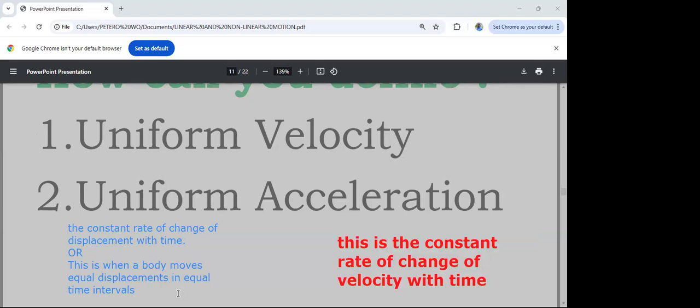So we have two definitions. We have the uniform velocity and we have the uniform acceleration. Let us note them down and then we see how to continue.